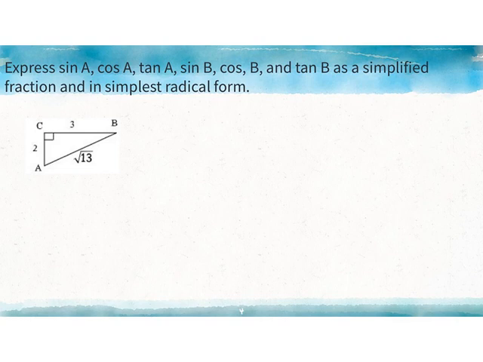Then we're going to express sine A, cosine A, tangent A, sine B, cosine B, and tangent B. So we're going to go ahead and show you how to do a couple of these first. So sine A means I'm referencing this angle first. And remember, I'm going to go ahead and write SOHCAHTOA just so I remember my different ratios that I need to divide by.